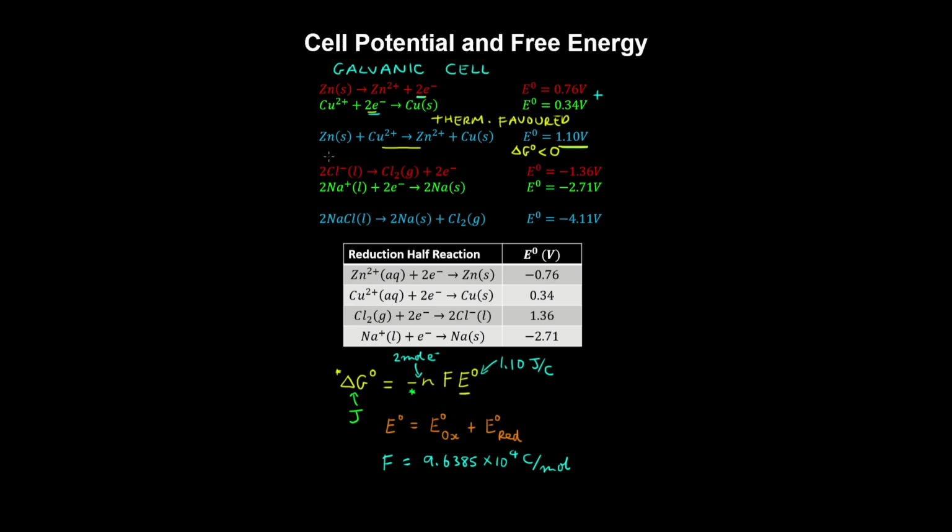And by the same logic, this electrolytic cell has a redox reaction that is not thermodynamically favoured. So we have a negative standard cell potential, and therefore negative by negative gives a standard Gibbs free energy change greater than 0, as expected.